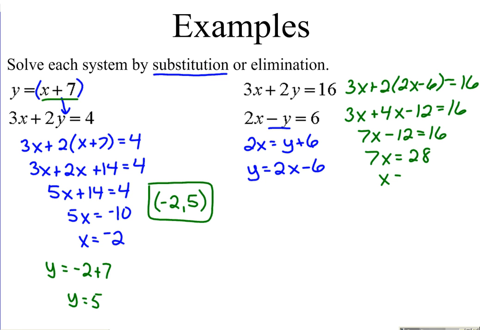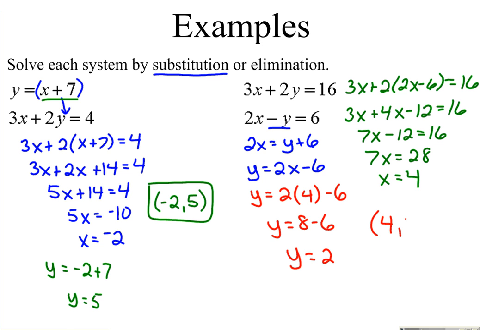Divide by 7. We get x to be 4. Once we know what x is, plug in to where we already have y solved for right here. Y is equal to 2 times x minus 6, which is 8 minus 6, or 2. So our ordered pair is 4, 2.